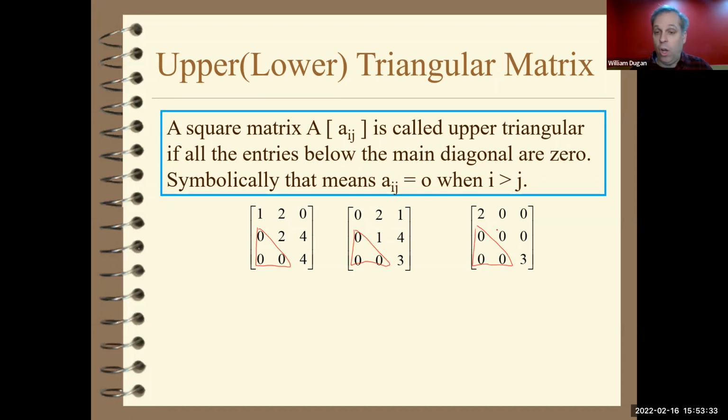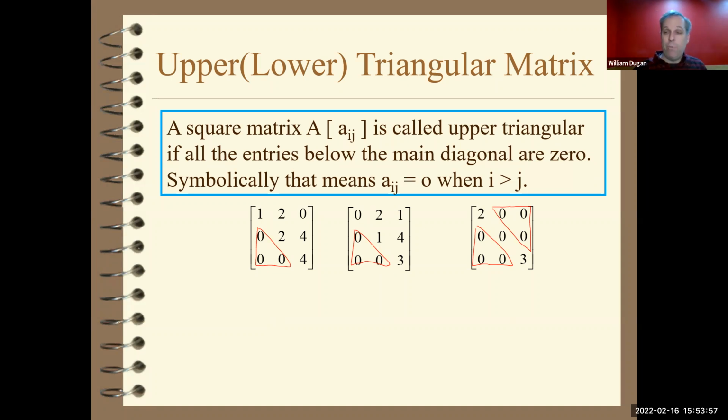Actually, the last one is also lower triangular, because everything above the main diagonal is zero. Notice that to be upper or lower triangular, we don't care about the diagonal at all. So on the diagonal, entries might be zero or not. We don't care. So again, upper triangular, everything below the main diagonal is zero. Lower triangular, everything above the main diagonal is zero.